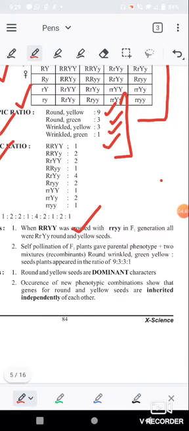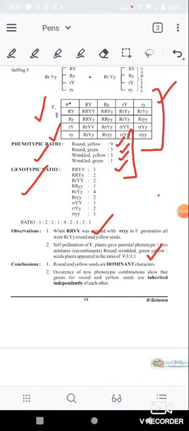And on selfing, he was getting a ratio of 9:3:3:1. From these observations, he concluded that round and yellow are dominant characters, and wrinkled and green are recessive characters.